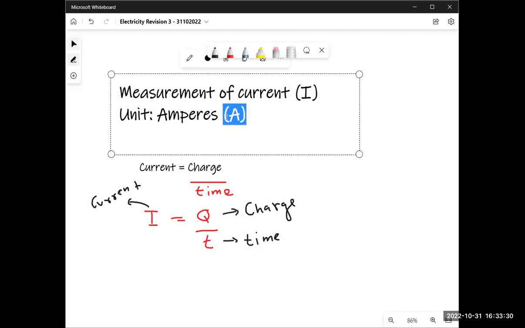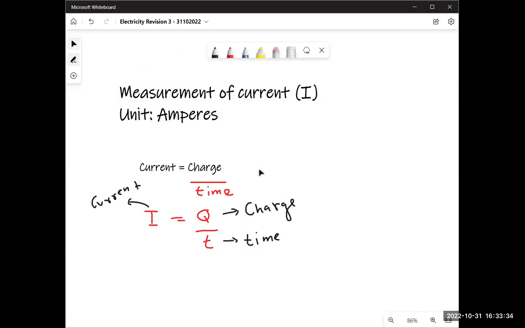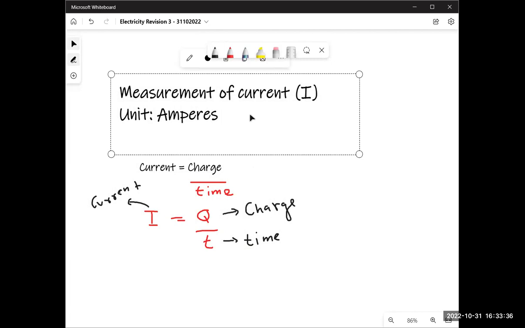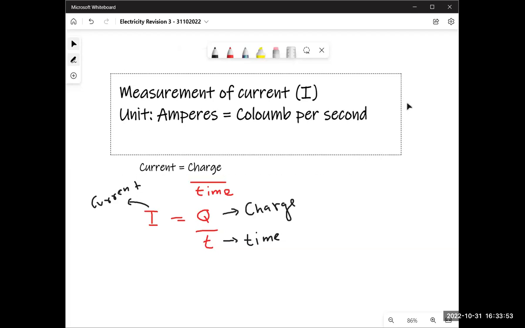So ampere is a unit. Ampere, A. Now, ampere is the same as coulomb per second.